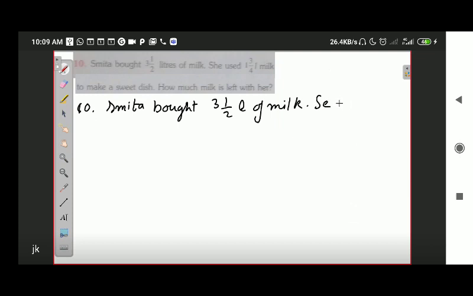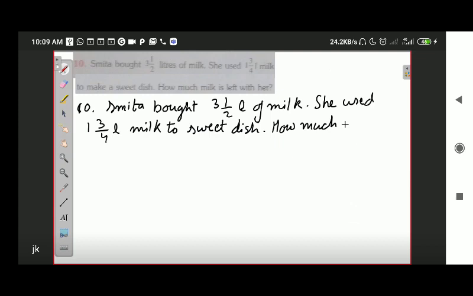She used 1 3/4 liters of milk to make a sweet dish. How much milk is left with her?